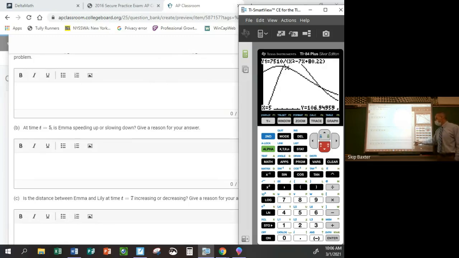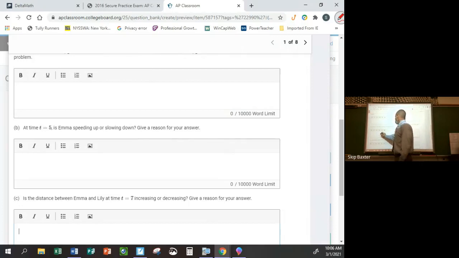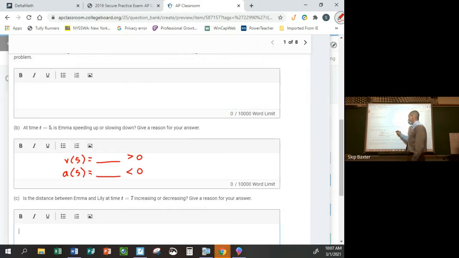So what you would say is E of 5 equals whatever it was, which is positive. E prime of 5 is whatever it was, which is negative. Since the signs aren't the same, Emma is slowing down at t equals 5. Does that make sense? Okay.